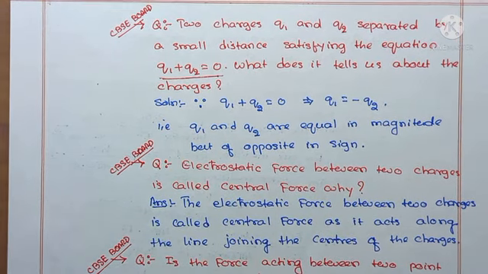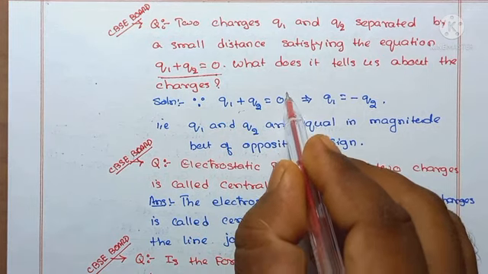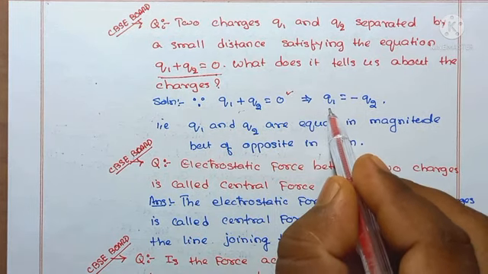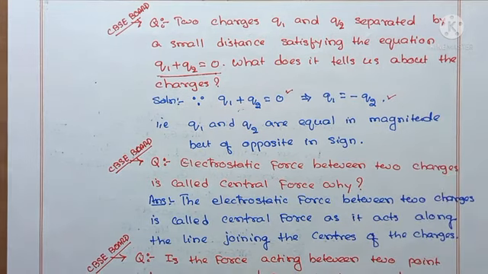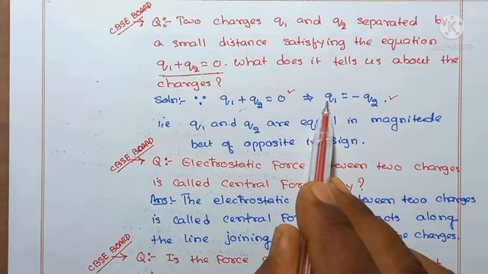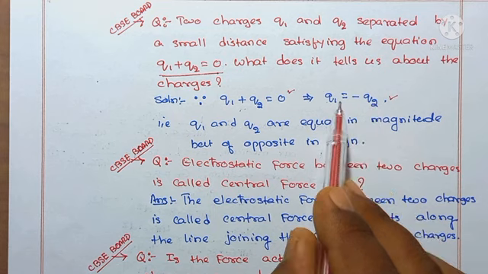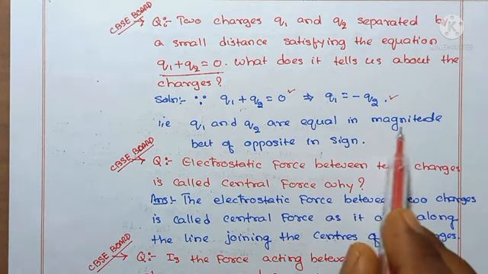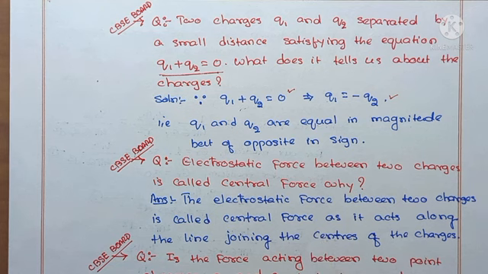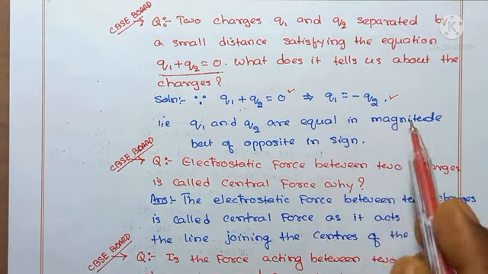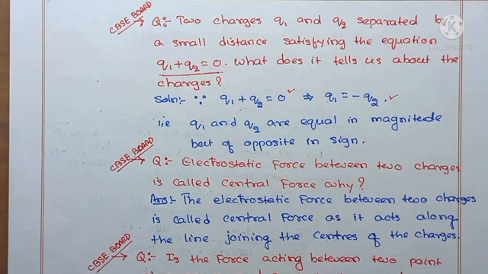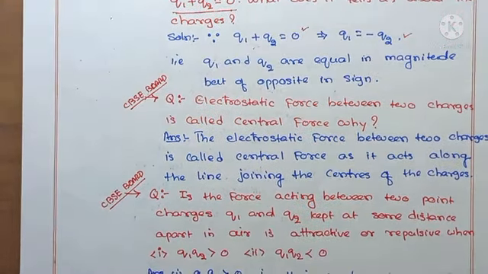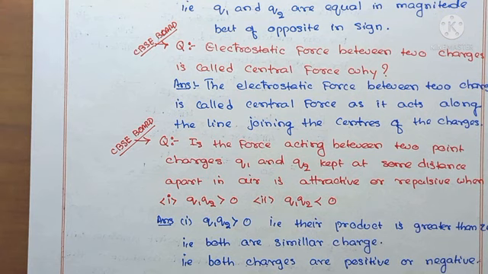Okay, so q1 plus q2 is equal to 0, that implies q1 is equal to minus q2. That means q1 and q2 are equal in magnitude but opposite in sign. That means both charges have equal magnitude, but one charge will be positive and one charge will be negative. Okay?